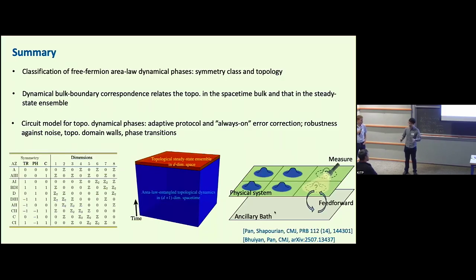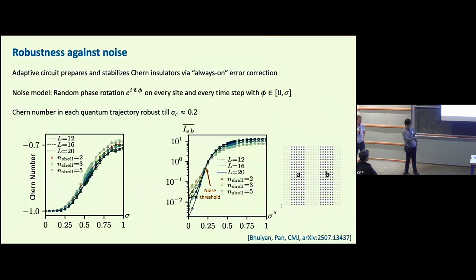You can analyze it at a point, and it's supposed to cover a finite range of phase space. The topology itself is robust. I cannot guarantee that every time you hit the same state with noise, but say here, the topology, like the Chern number, stays at -1 until some point at which you hit a phase transition.